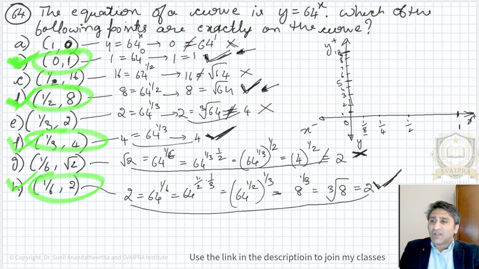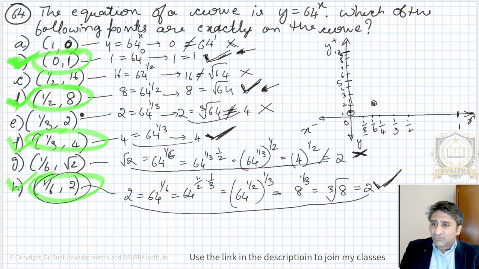At 0 I have 1, and at 1/6, the lowest value here, I have a value of 2. Let's say 1/3 is over here.